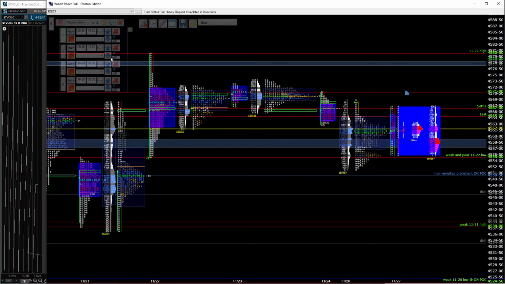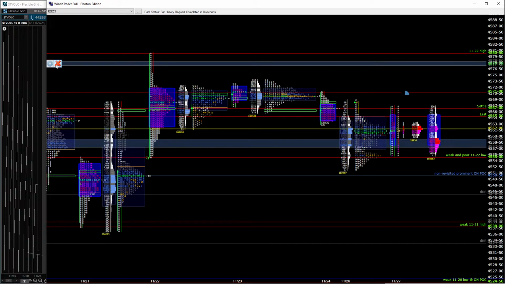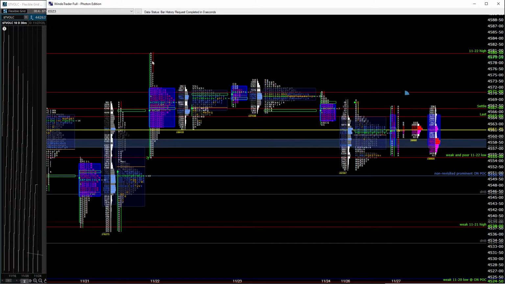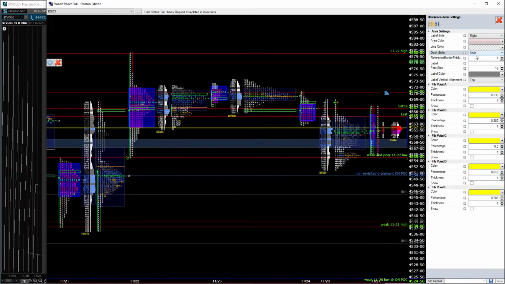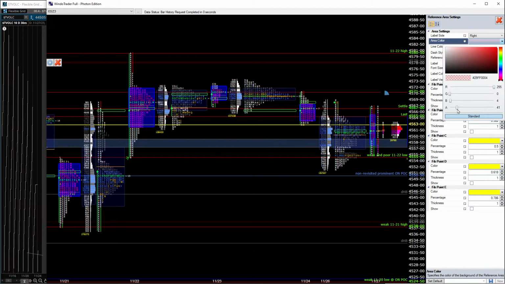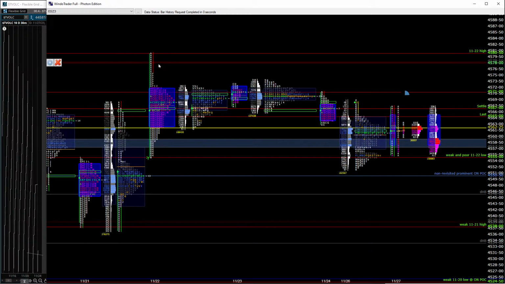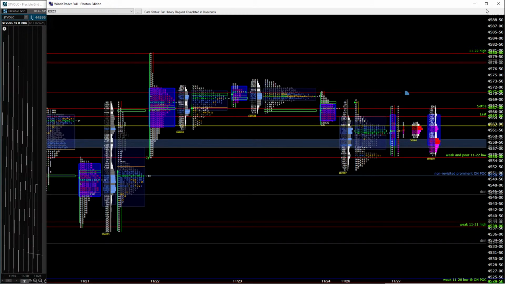That area. I guess I can do something like this. That one. Here. This area here. I think I can make it a little bit brighter here. Alright, so I can see that one. This could be the area that the market is targeting now.